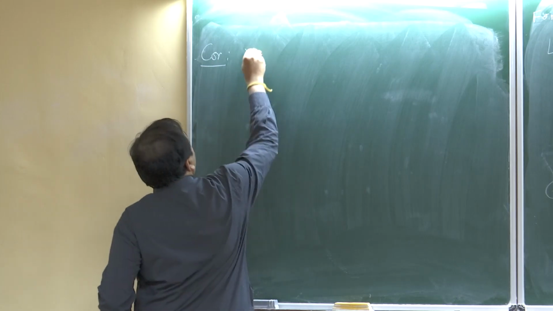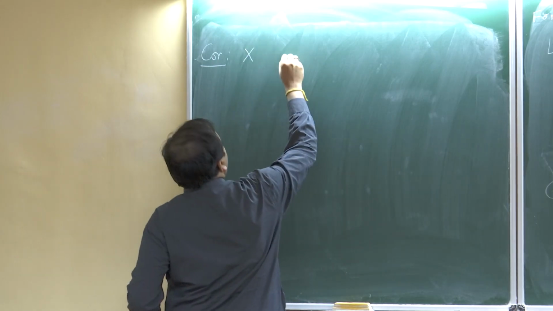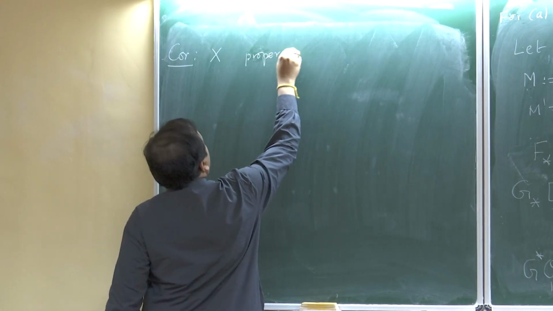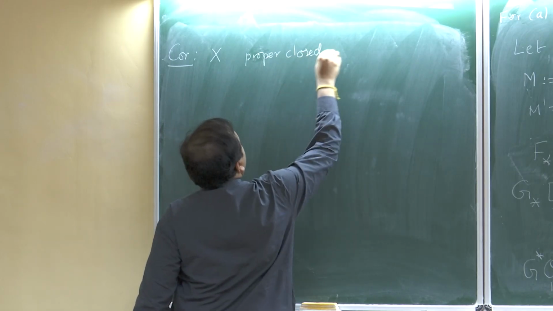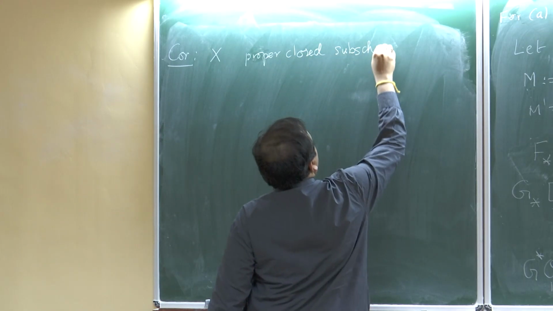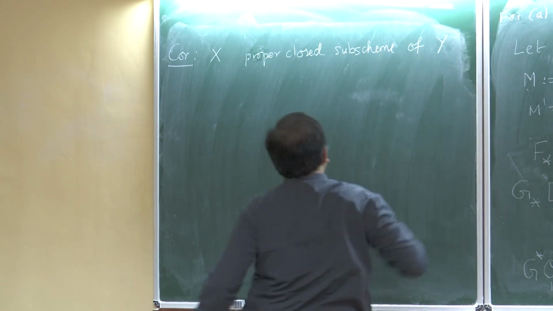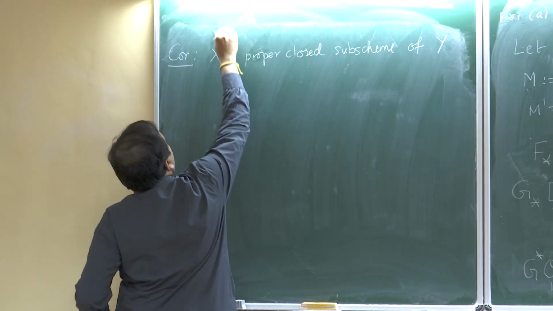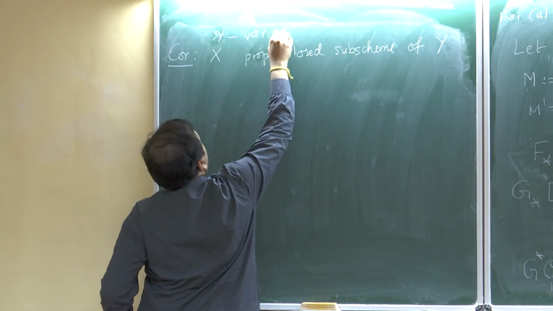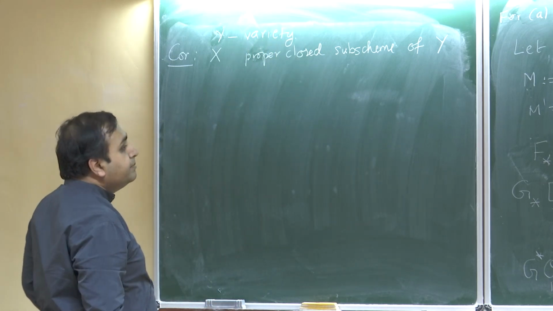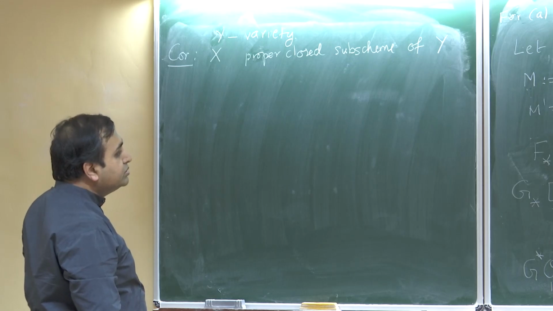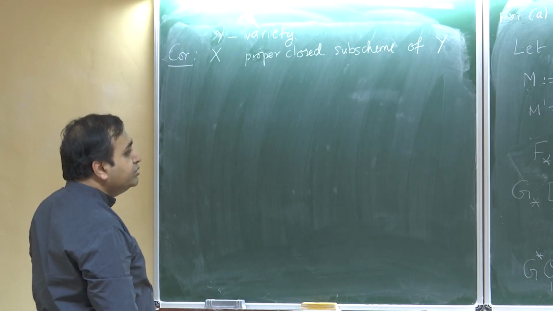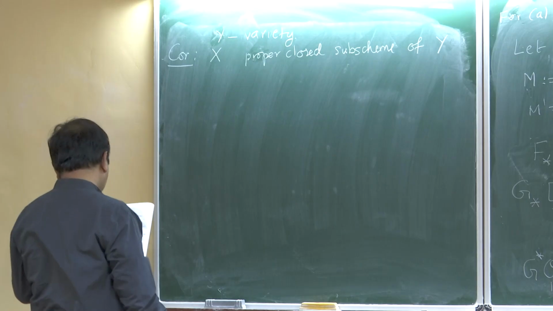So let X be a proper closed subscheme of Y. Here, let's take Y to be a variety. I think it should be possible to formulate all this even when Y is not reduced, though I suppose it has to be written a little more carefully.